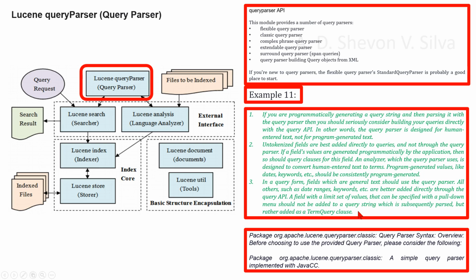In a query form, fields which are general text should use the query parser. All others, such as date ranges, keywords, etc. are better added directly through the query API. A field with a limited set of values that can be specified with a pull-down menu should not be added to the query string which is subsequently passed, but rather added as a term query clause.